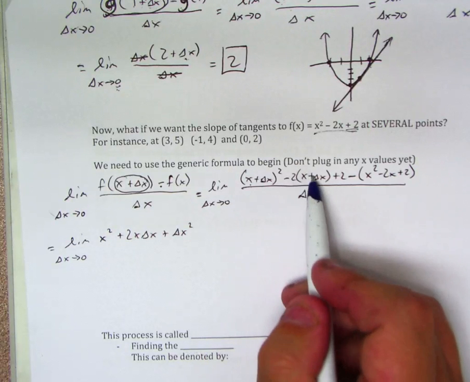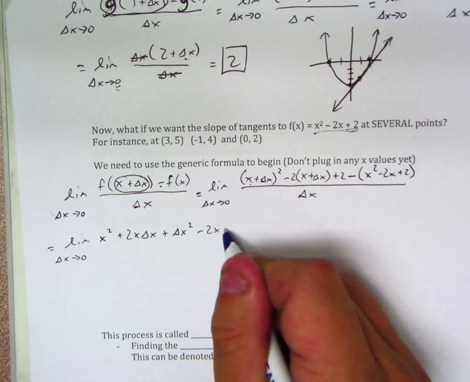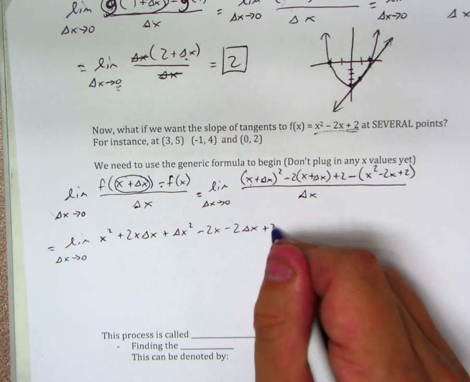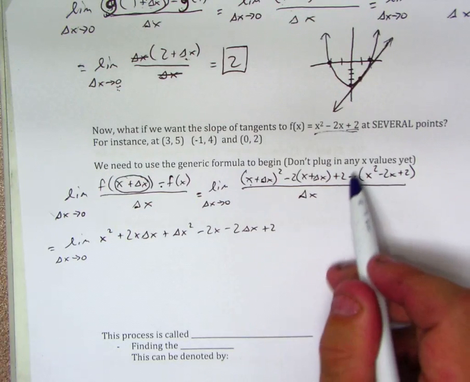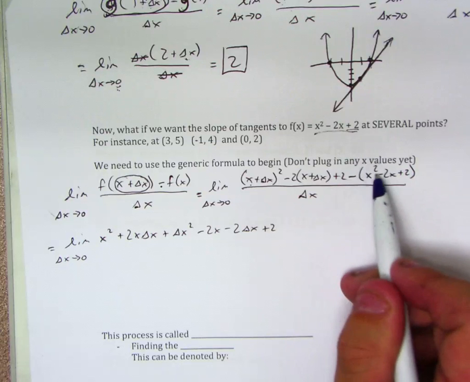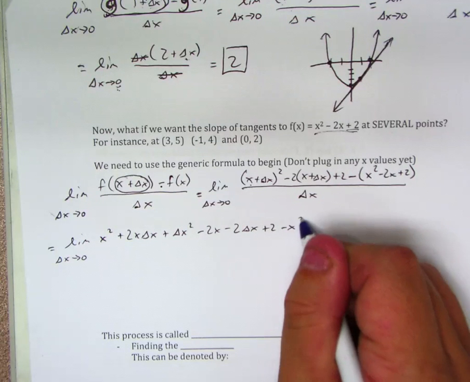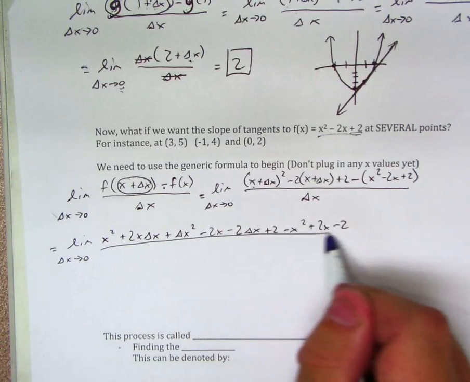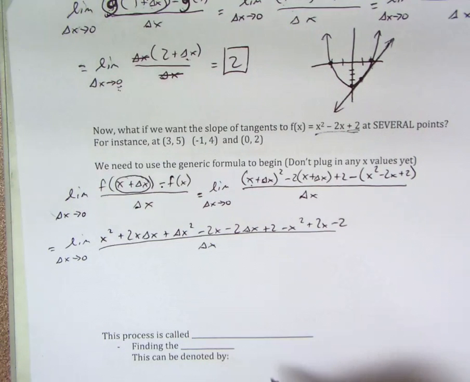Distribute negative 2. So minus 2x minus 2 delta x plus 2. And then distribute the negative in here. So minus x squared plus 2x minus 2. All over delta x. Are we having fun yet?